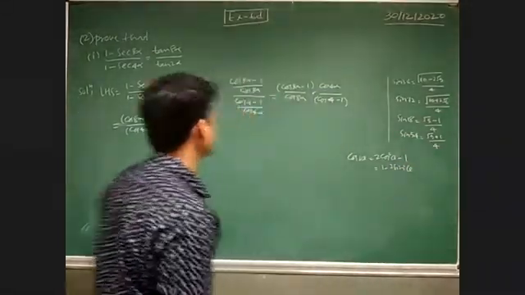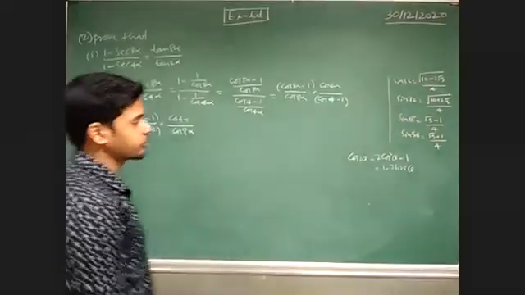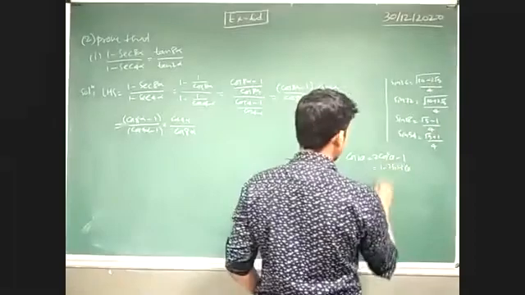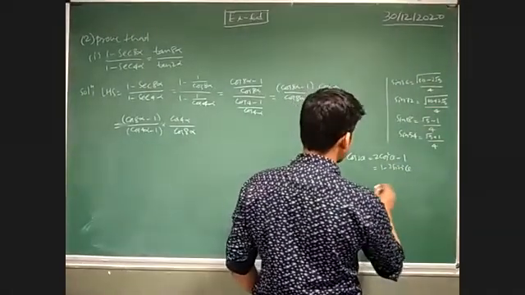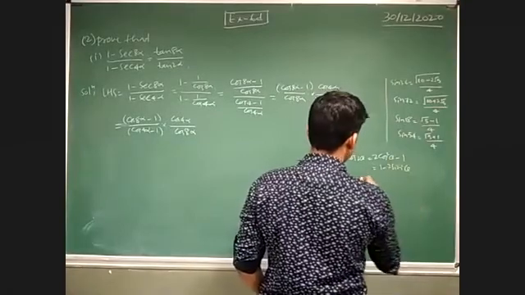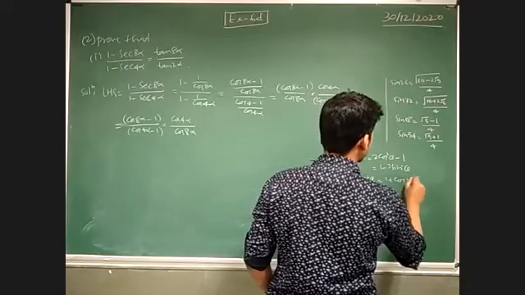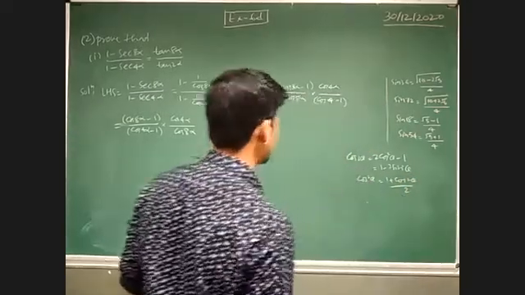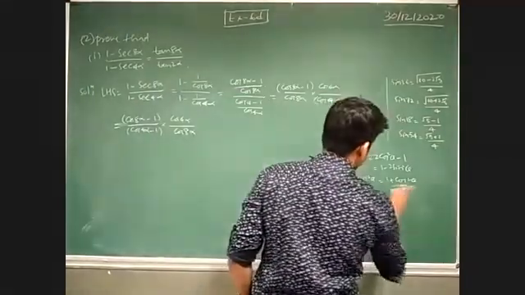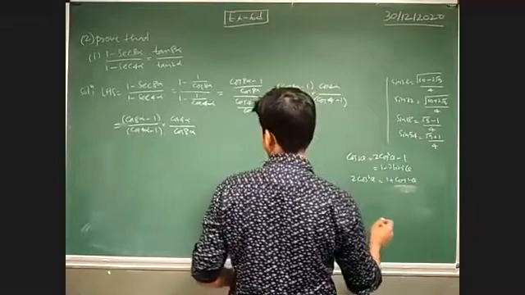Okay, now here I am able to write cos square theta as (1 plus cos 2 theta) by 2, so 2 cos square theta is 1 plus cos 2 theta.